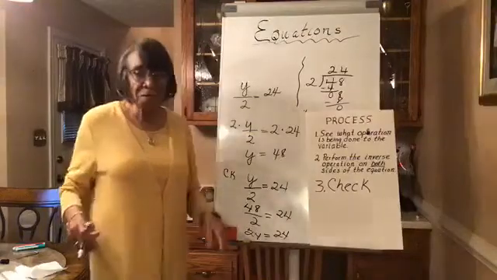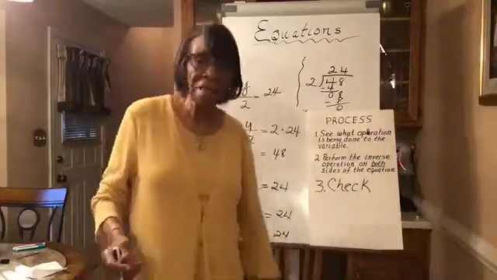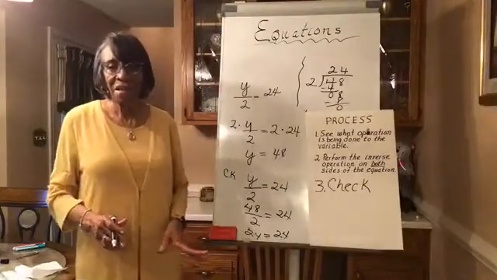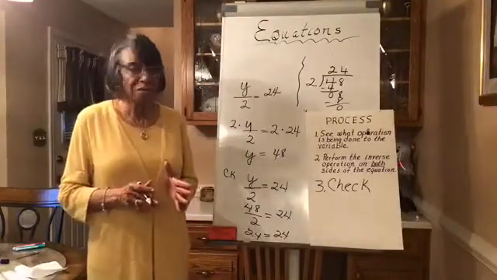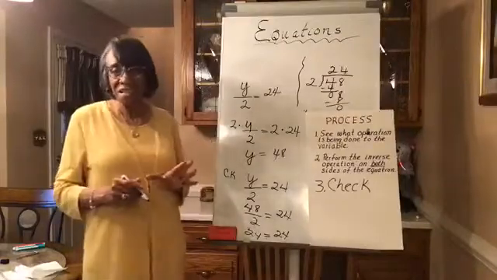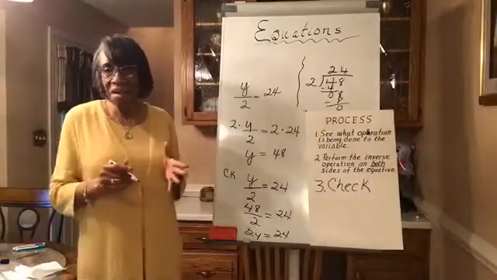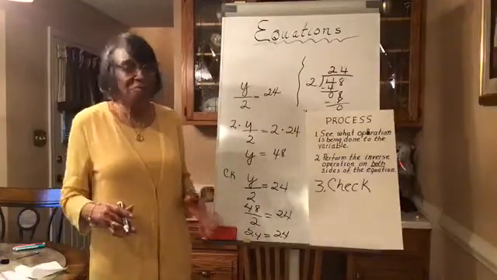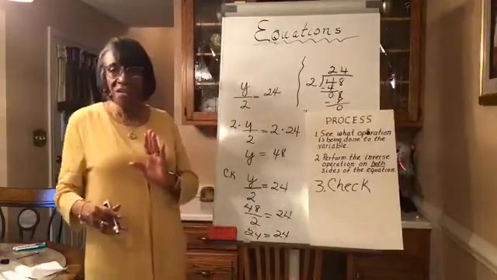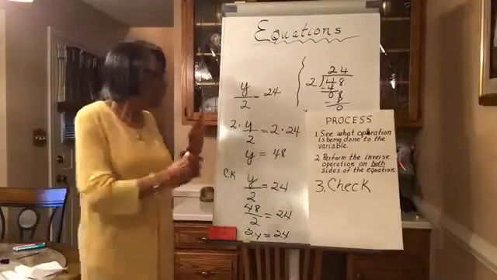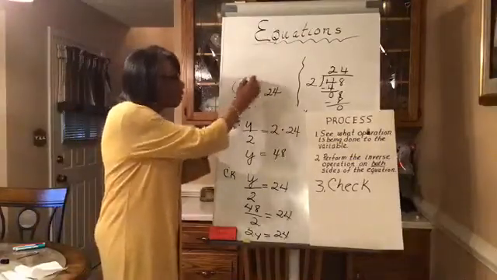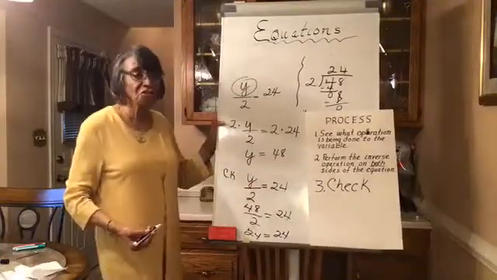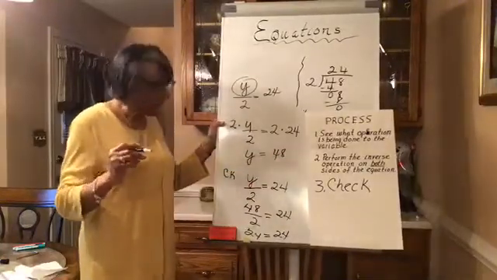If I walk up 2 steps and back 2 steps, where am I? Right where I started. And that's what we mean by inverse. So if I start out with an x and divide it by a number, and then multiply by that same number, I'm going to get x. And that's what you're trying to do when you solve an equation. You're trying to find the value of the variable by performing the inverse operation on both sides.